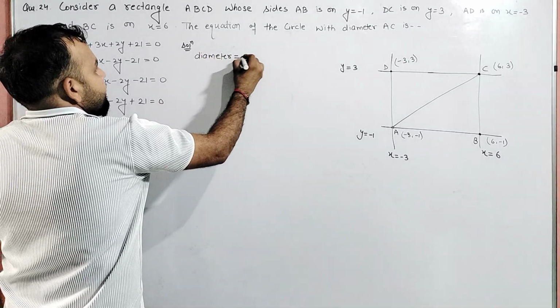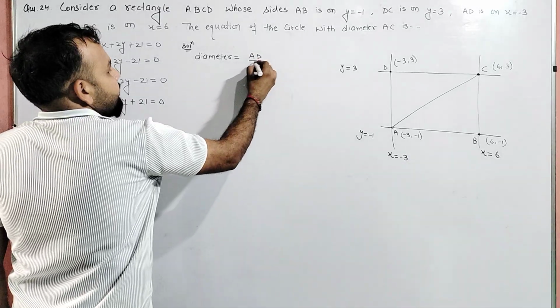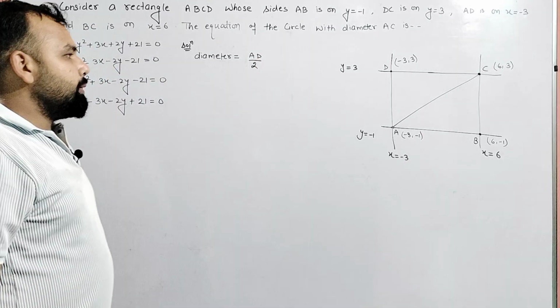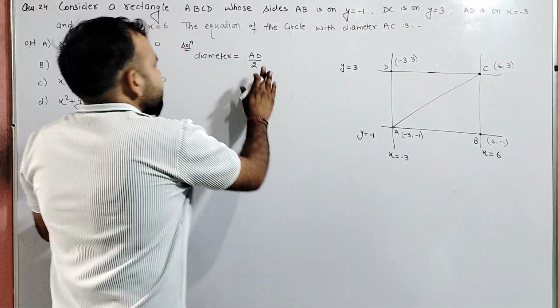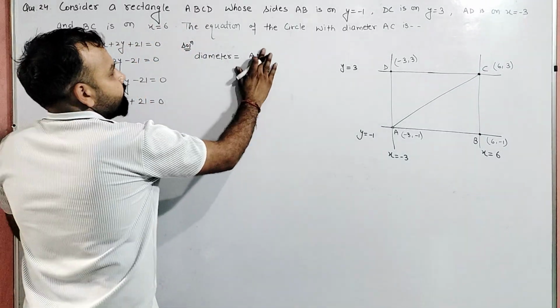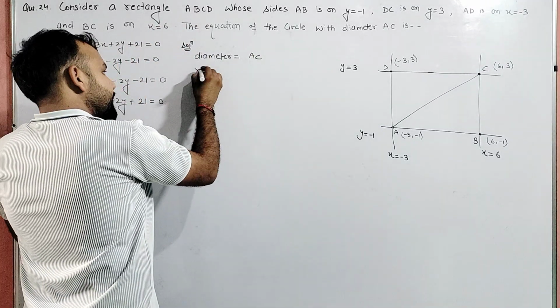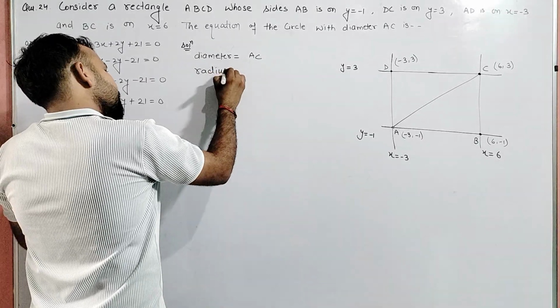Diameter is AC and radius is AC divided by 2.